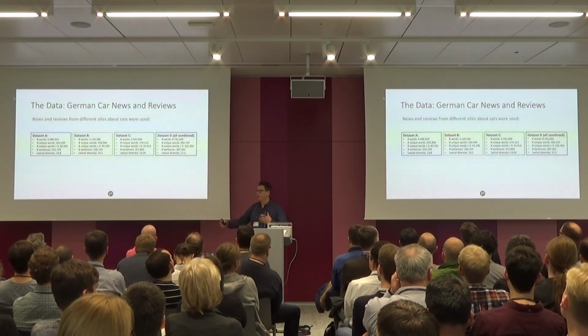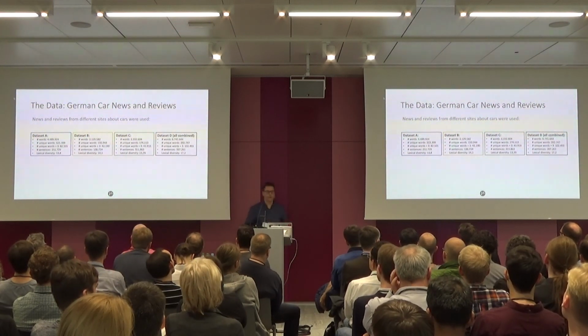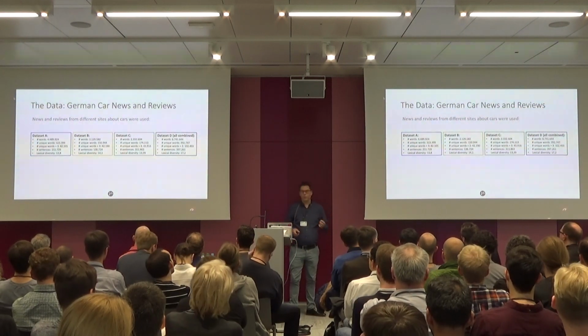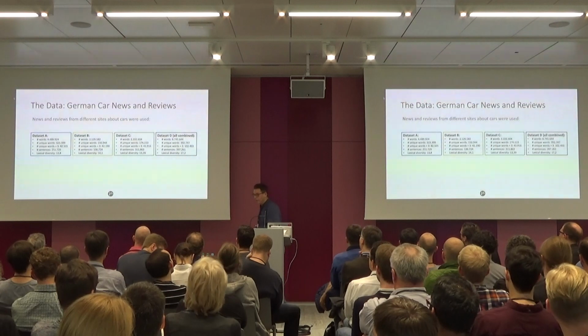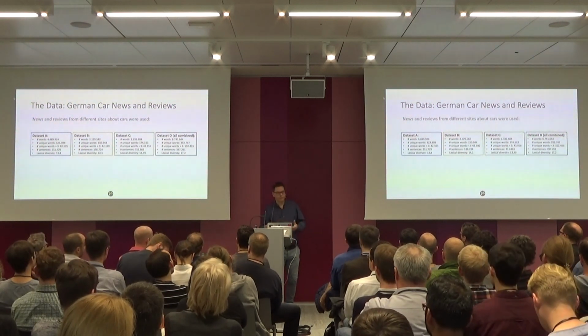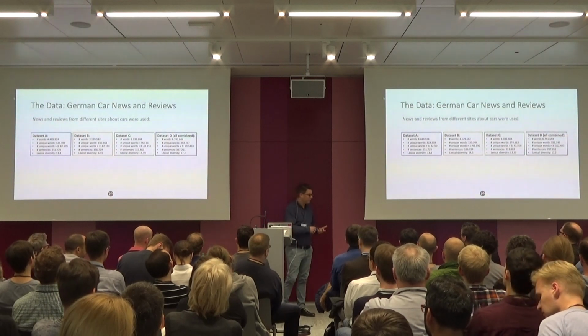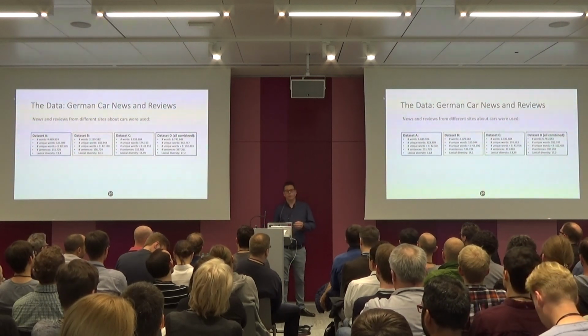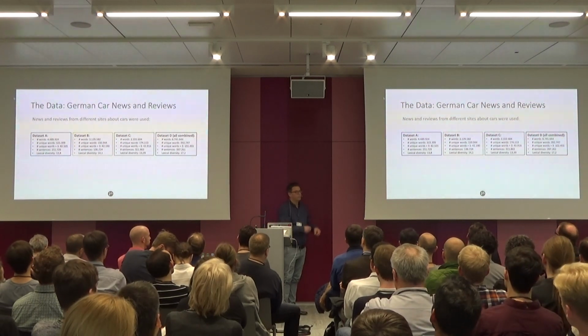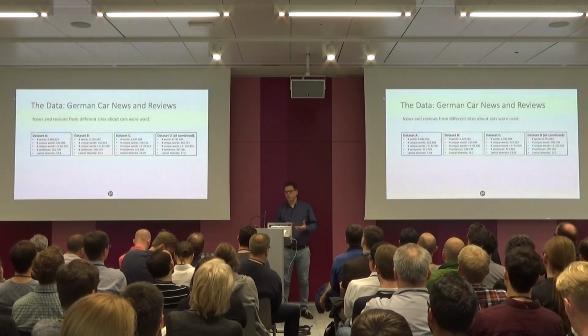And I tried to find very different kinds of data sources for these reviews and the news. And by the way, I'm talking here about German data, right? Because I want to train my own word vectors and see whether they are able to work with the German language and with this specific domain knowledge about cars.